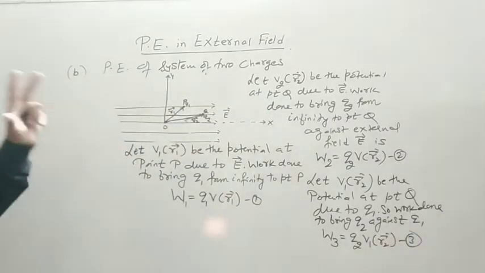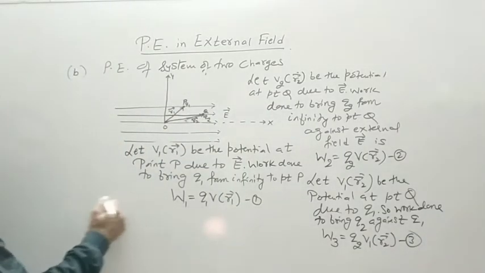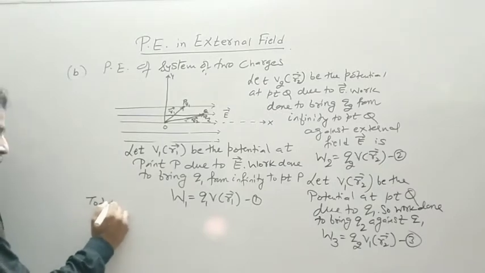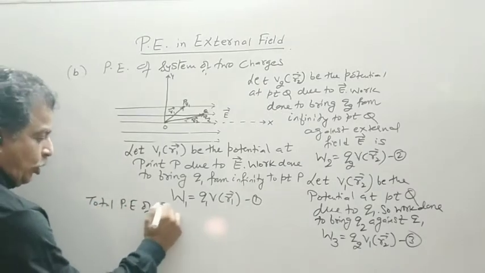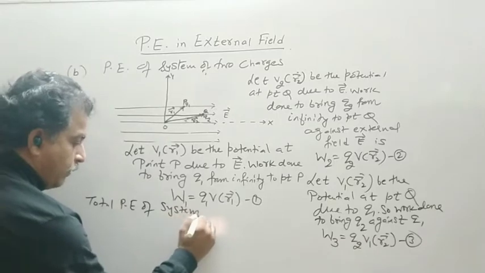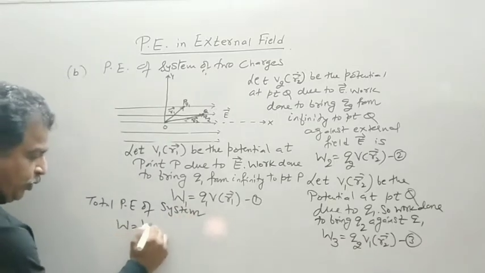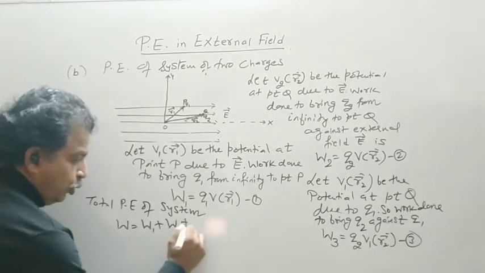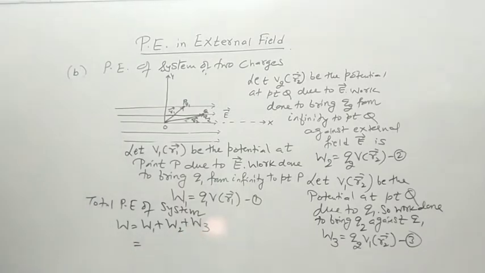Now the total potential energy of the system. So W is equal to W1 plus W2 plus W3. Now what is W1?